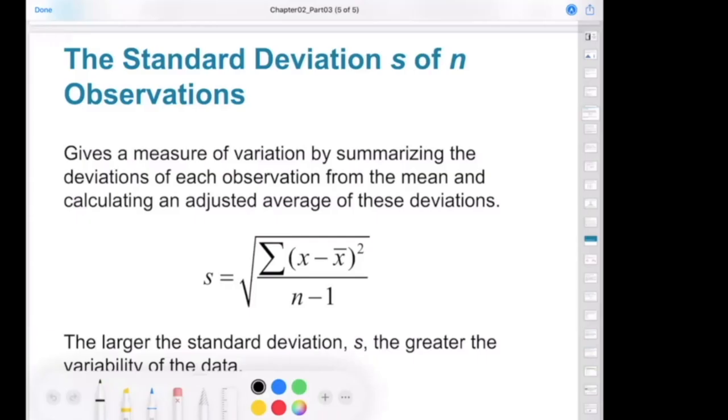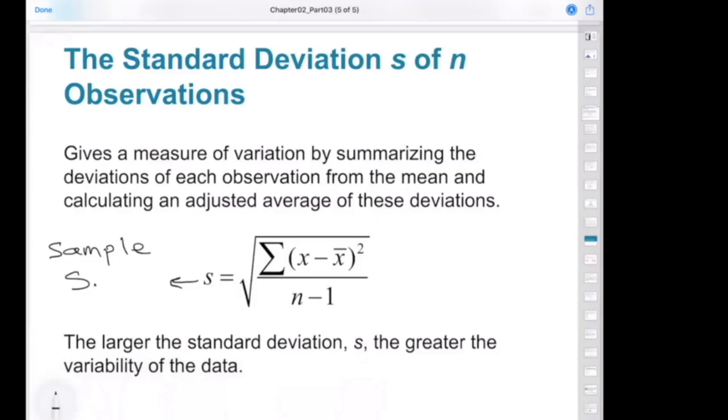This is the sample standard deviation. Okay? S here is the sample standard deviation. Do you remember we talked about the sample mean and the population mean? There is no difference between them, actually.